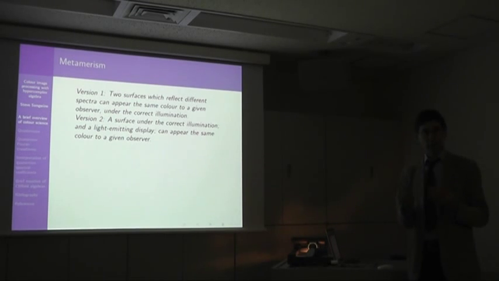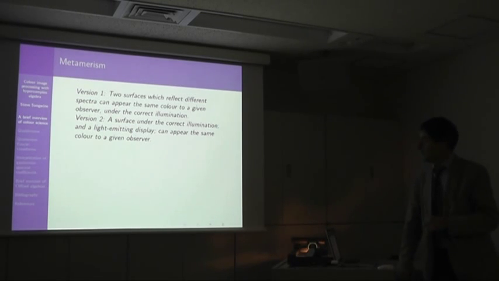So one might be a plant, and the other might be a painting of a plant with paint representing the colour of the leaves on the plant. And what version number 1 says is that the paint that we use to paint a painting of a leaf doesn't have to be made of the same material as the leaf, and it doesn't have to reflect the same spectrum. It simply has to reflect a spectrum which appears the same colour.